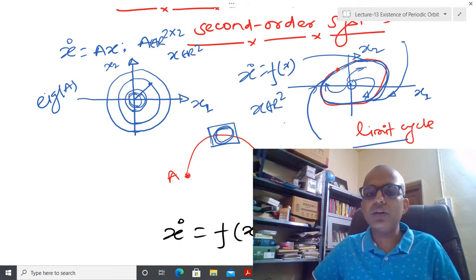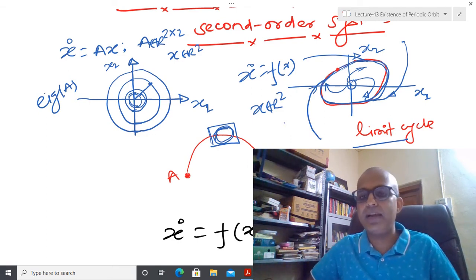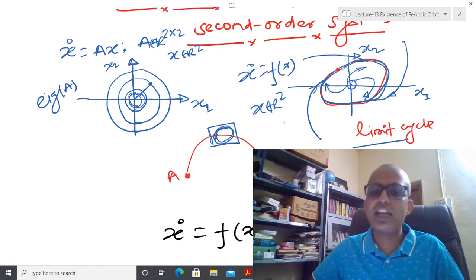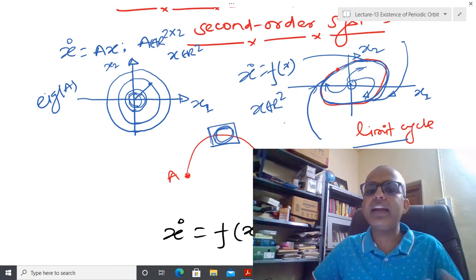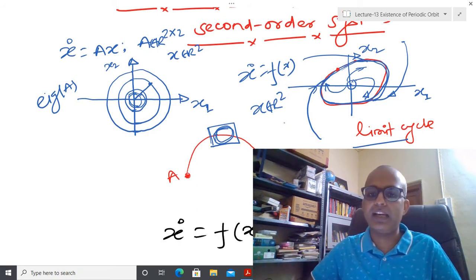Okay, and why are people teaching this kind of subject? You have just seen that there are several applications. Apart from that, we are hoping that after a PhD, a student will take up this kind of challenging problem and try to develop some kind of theory such that for the three-dimensional case and fourth-dimensional case, we know the condition for existence of a limit cycle.